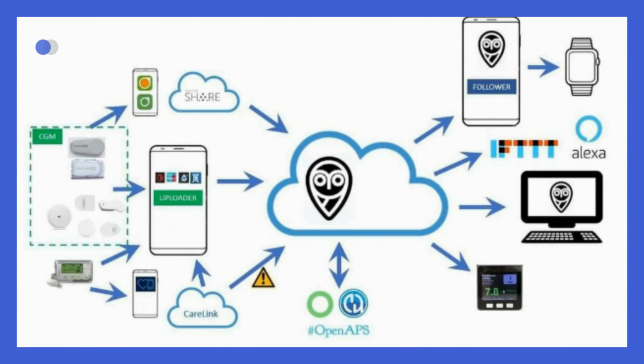Nightscout acts as a central hub, receiving data from sensors and distributing it to multiple devices such as mobile phones, smartwatches, computers, and other monitoring devices. It provides diverse options to access and display glucose information, including through smartwatches, desktop widgets, wall-mounted devices, and integration with voice assistants like Alexa.